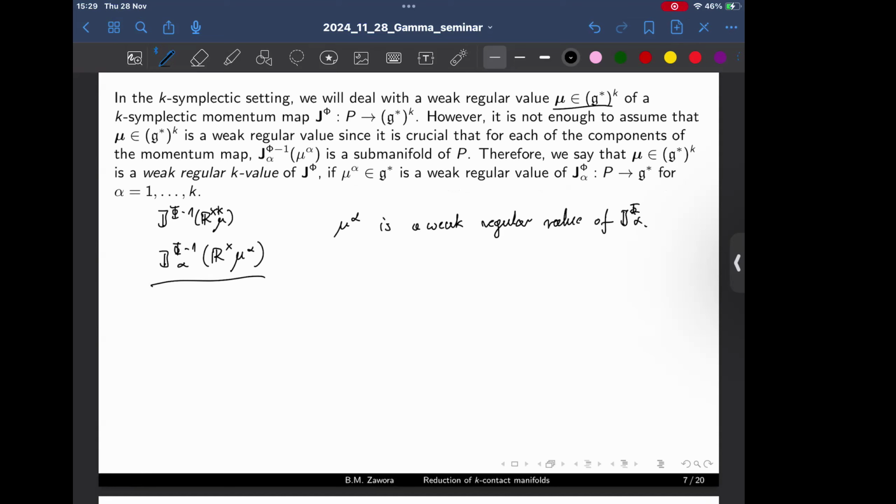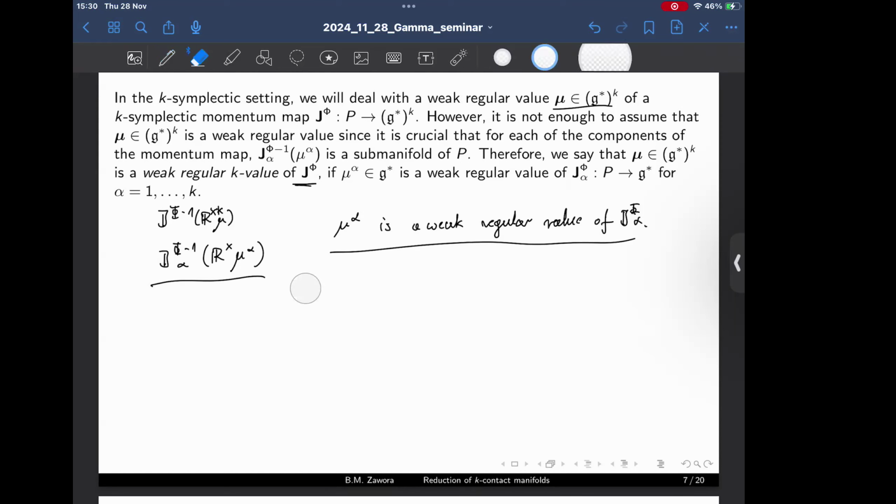When this holds, bold mu is a weak regular K value of the momentum map J phi. But of course the converse doesn't hold. When bold mu is a weak regular value, it doesn't mean that each of the components is a weak regular value of J phi alpha.